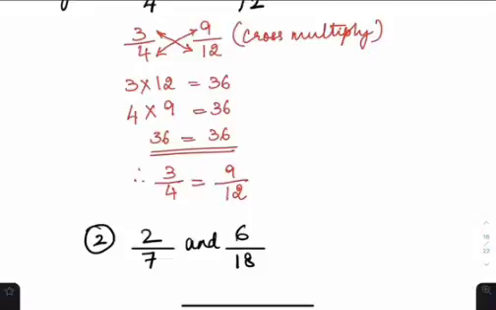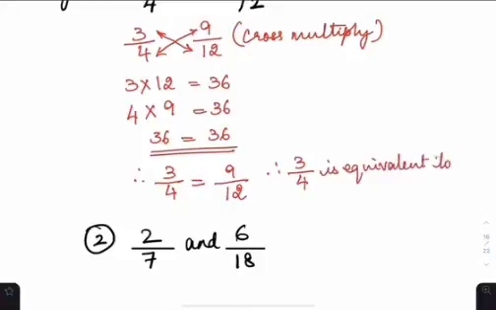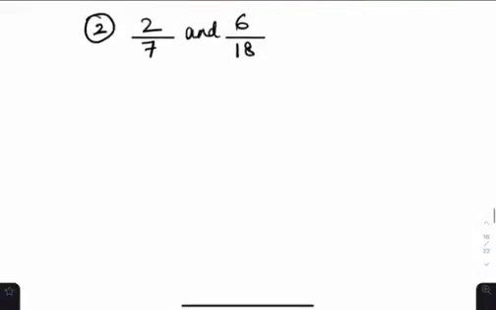We even write it as 3 by 4 is equivalent to 9 by 12. Now, we'll check with another example.